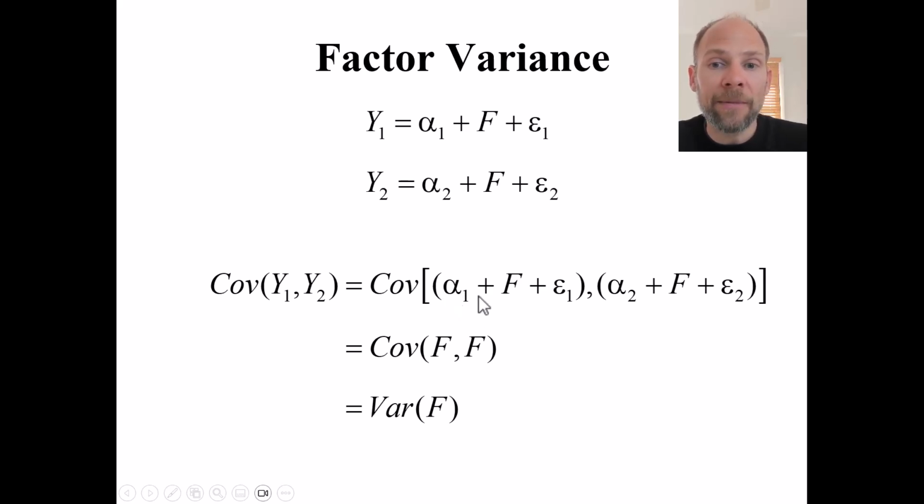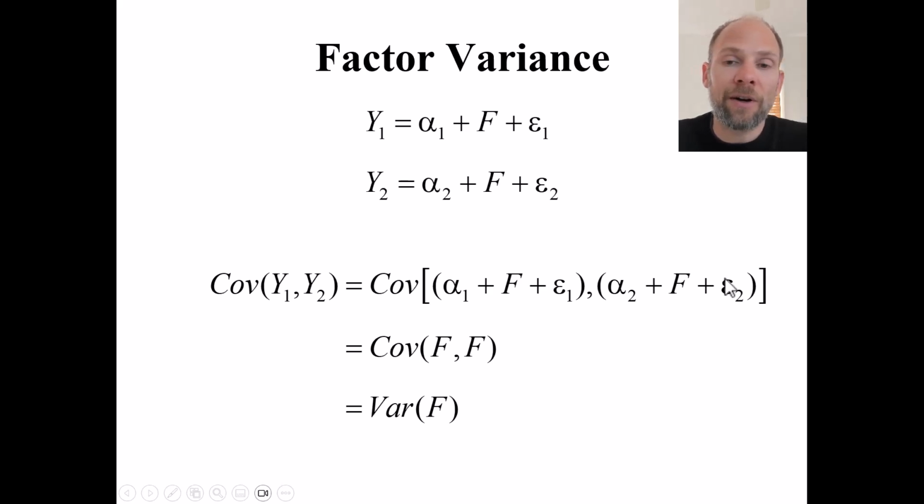And that's because the constant alpha does not covary with any term, neither with itself, nor with the factor, nor with the error term. So all those terms where the constant here covaries with something else, they're all 0, because constants by definition do not have a covariance with anything else. So alpha drops from the model. And then F by definition is uncorrelated or does not covary with the error term in the model.